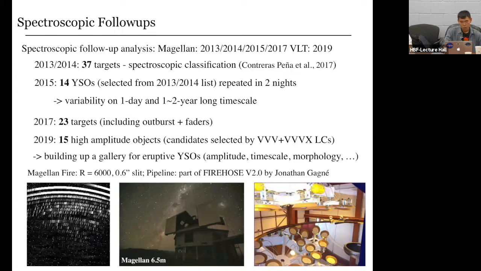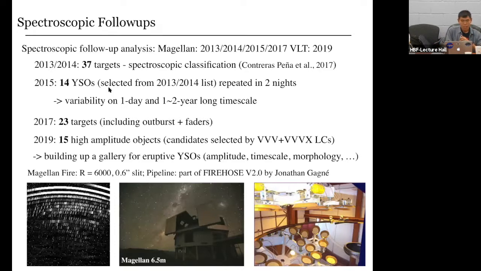Then in 2015, we selected 14 young objects from the previous 2013 and 14 observations, and we repeated observing those 14 young objects in 2 nights. So we're going to study the short timescale variability of those 14 young objects over 2 nights, and also the long-term variability, comparing the 2015 spectra with the previous 2013 and 14 spectra. We're going to see what's really going on with those stars.